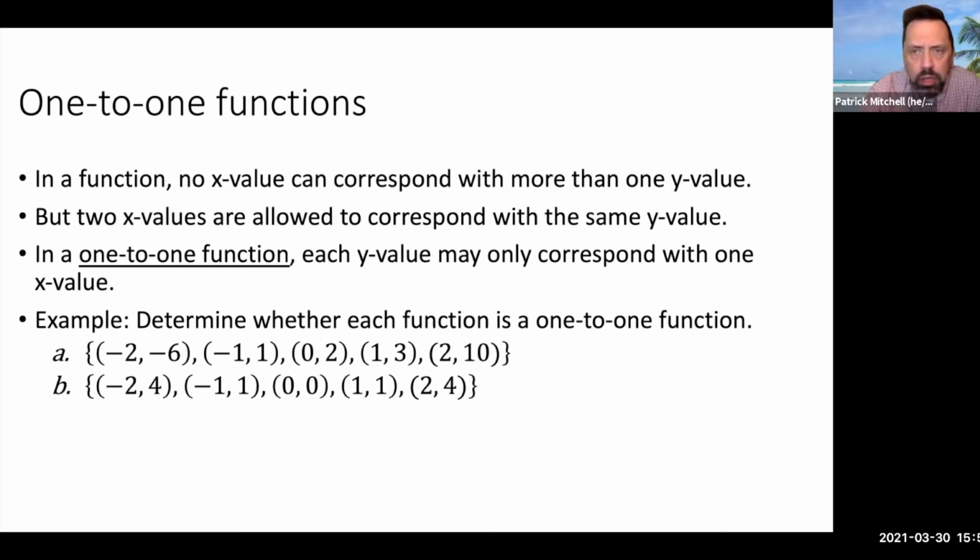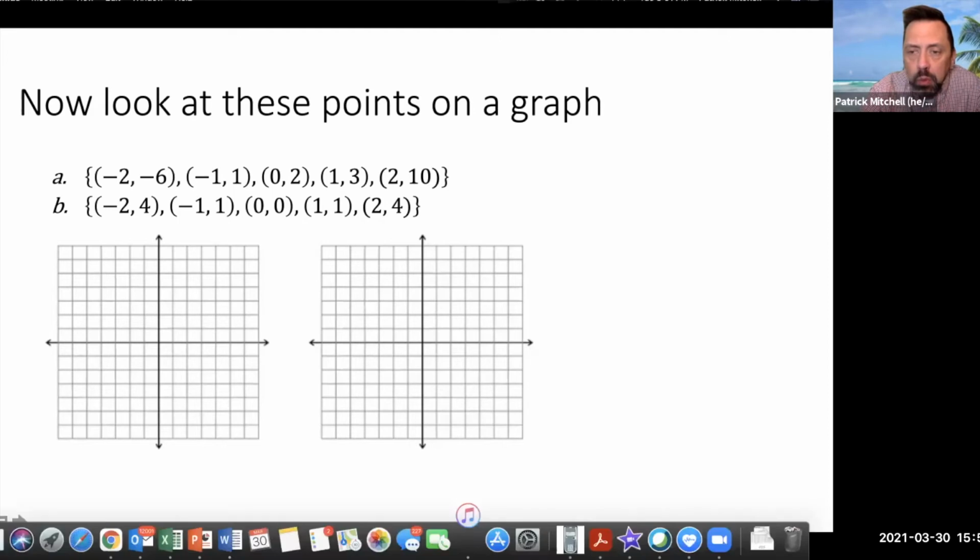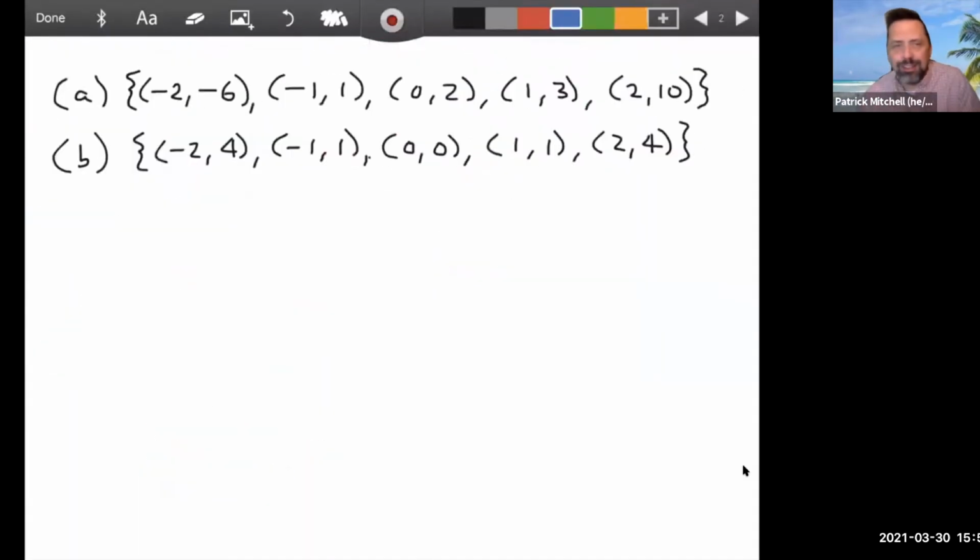And then let me show you what the next question is going to be after that, so I don't have to make so many trips back and forth between here and the tablet. After we determine whether each of these functions is one-to-one, we're going to plot those points on a graph and see if we can come up with any kind of relationship between the idea of a function being one-to-one and its graph. All right, here we go.